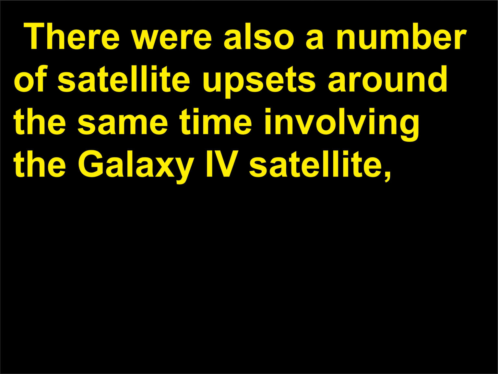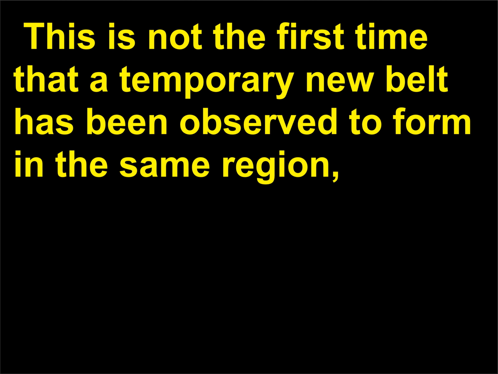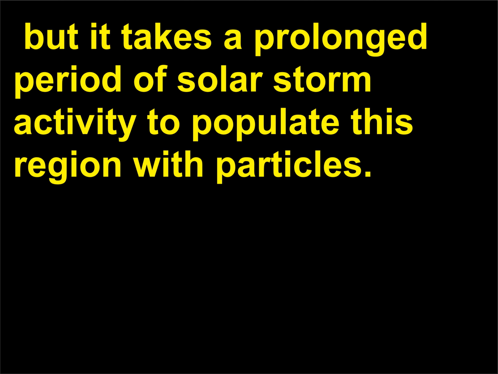There were also a number of satellite upsets around the same time involving the Galaxy 4 satellite, Iridium satellites, and others. This is not the first time that a temporary new belt has been observed to form in the same region. But it takes a prolonged period of solar storm activity to populate this region with particles.